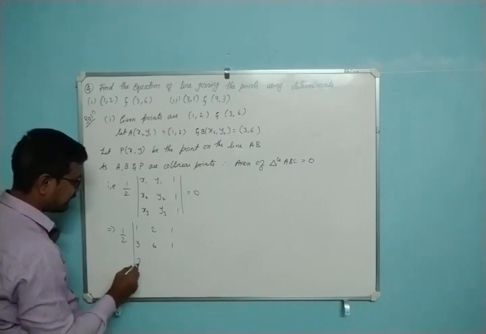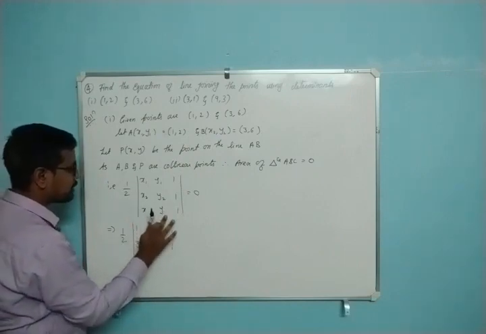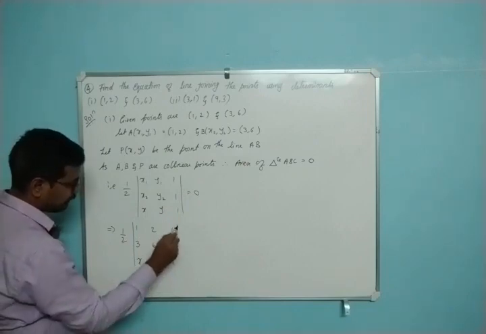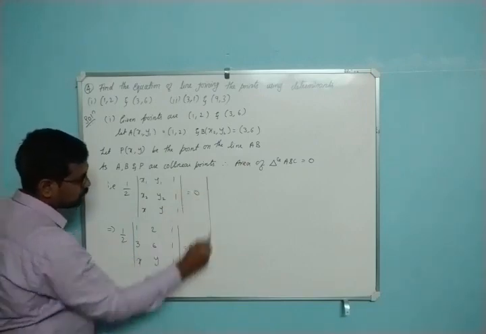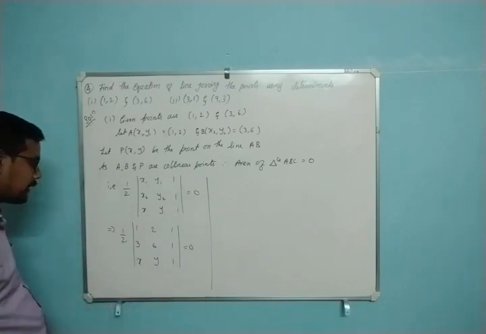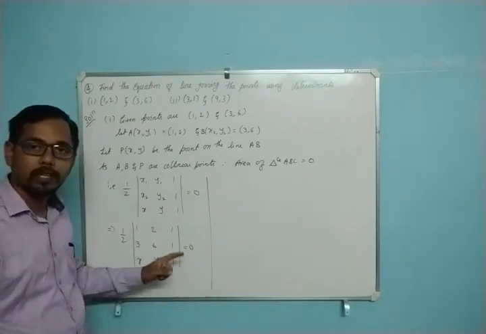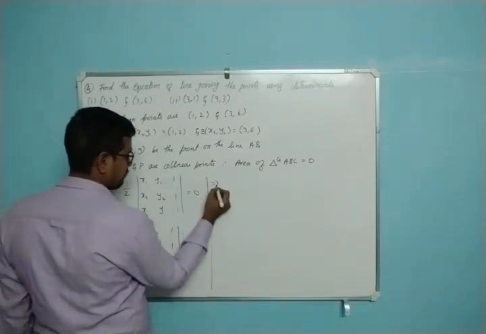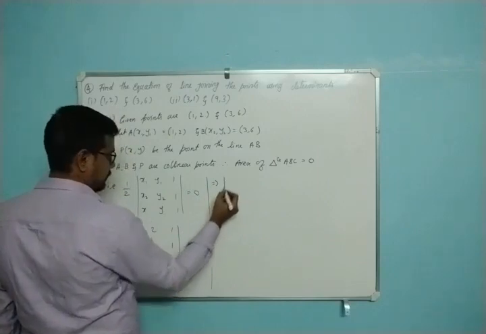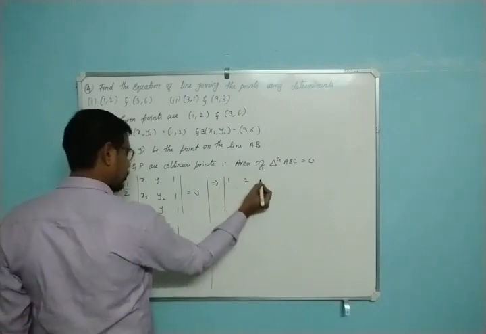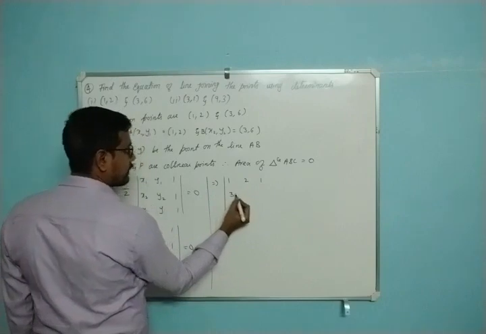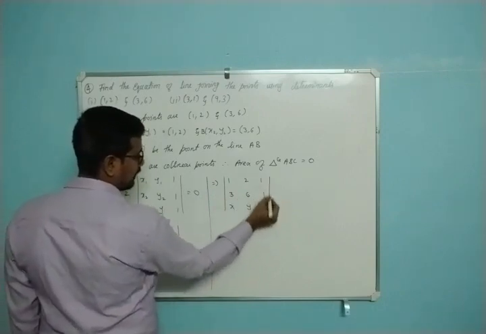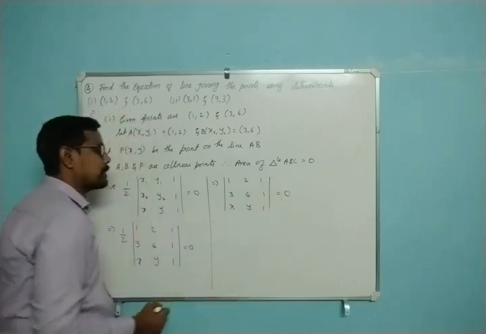And here, not x3, y3 but x, y and 1, will be equal to 0. Now this half, if I shift to the other side, that also becomes 0. So the determinant with rows 1, 2, 1; 3, 6, 1; x, y, 1 is equal to 0.